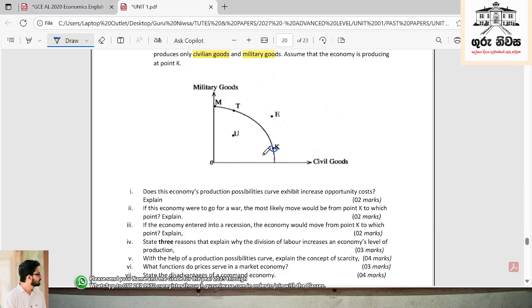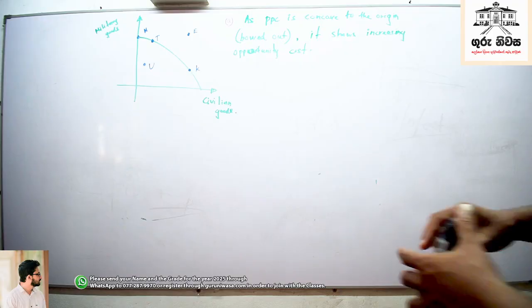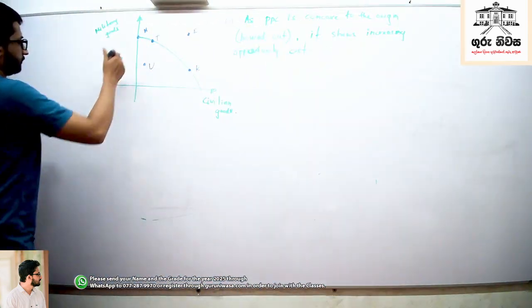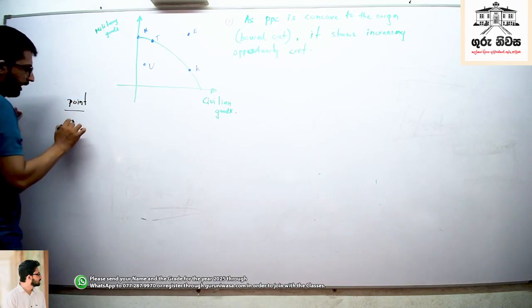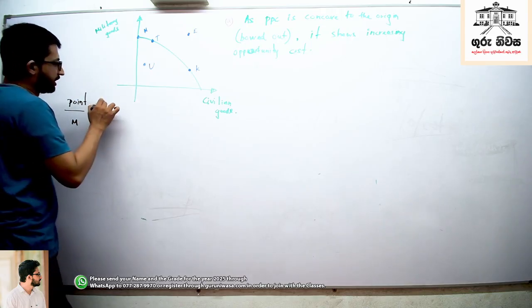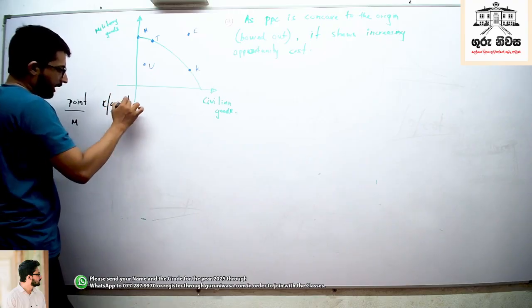If I choose point M, what does it mean? If the economy moved to point M, is it possible? Is it practical? At point M, military goods and civilian goods.